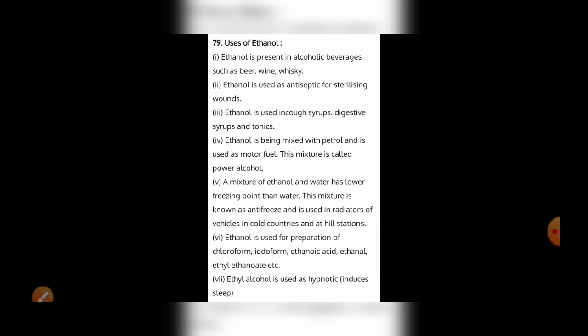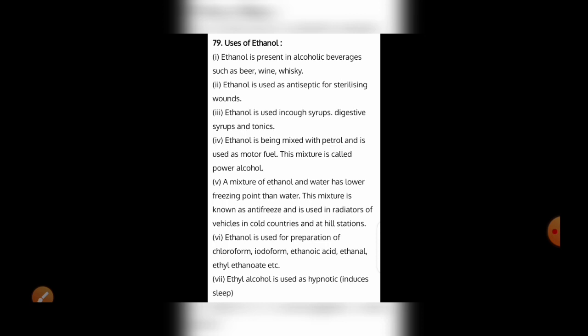Why do we use it? Because on heating it would evaporate. In our countries we do not use ethanol, but in cold countries they use ethanol as an anti-freezing agent. It does not freeze. If it freezes, it does not even start the car.